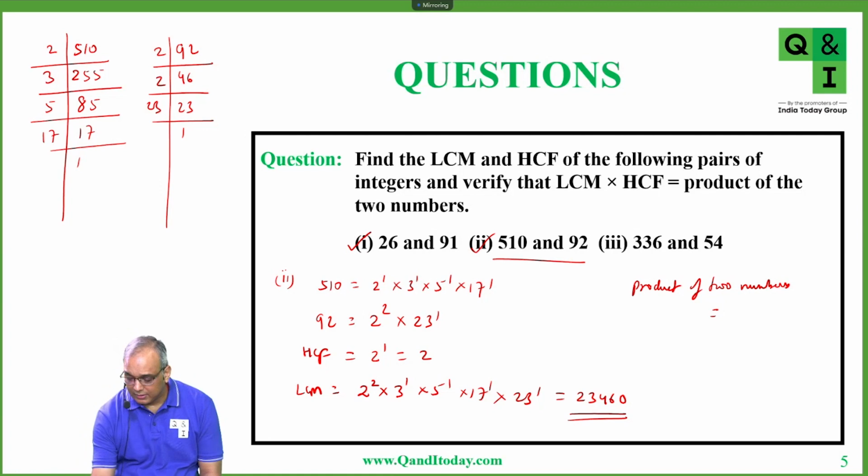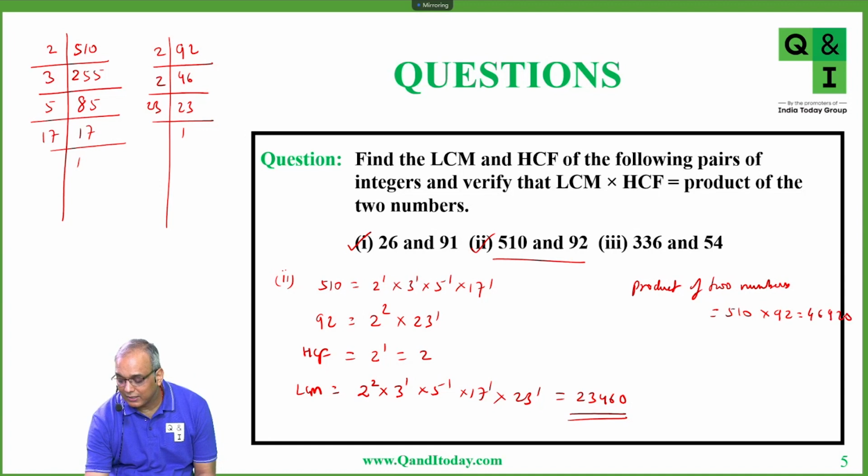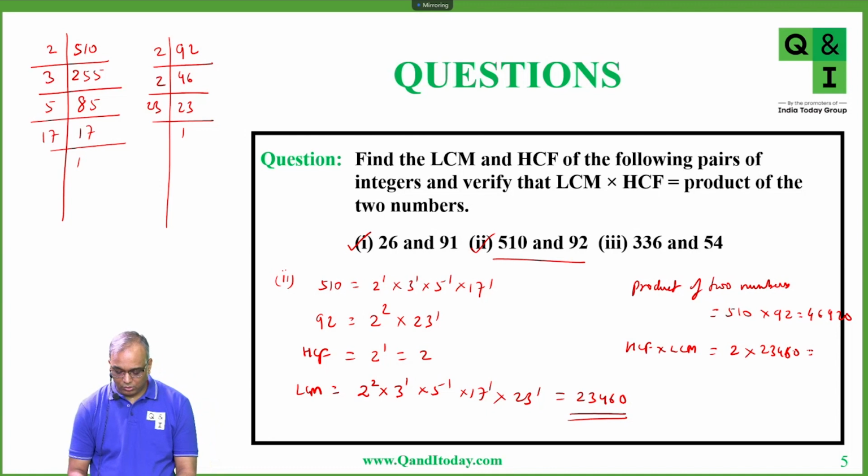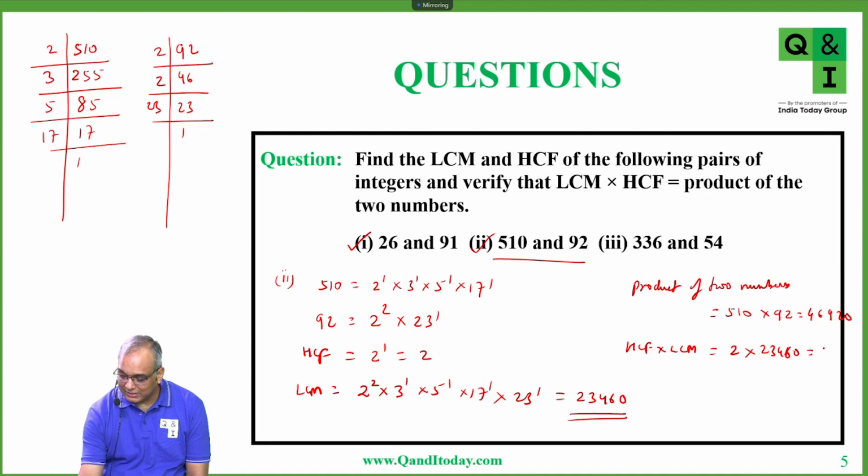So 510 into 92, this will be 46920. And if you have to find HCF into LCM, this is 2 into 23460. So if you multiply 2 with 23460, you will have 46920.